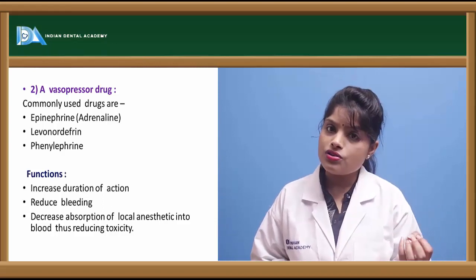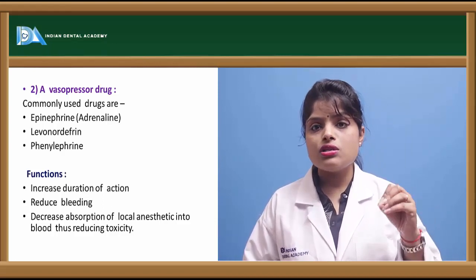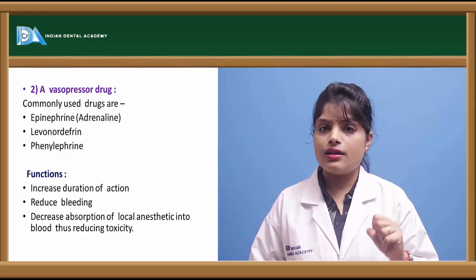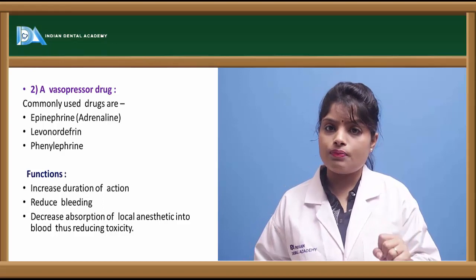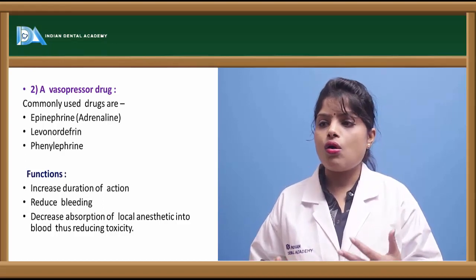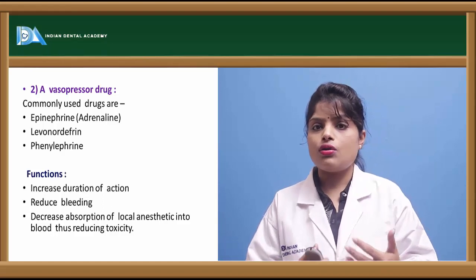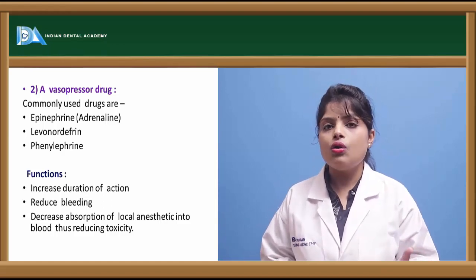Since it is a vasoconstrictor, it also reduces toxicity by reducing the absorption of the local anesthetic solution by the bloodstream. It also increases the effectiveness and the duration of action of the local anesthetic.